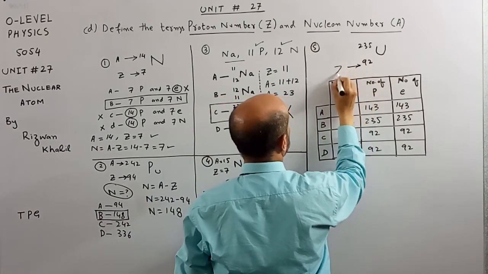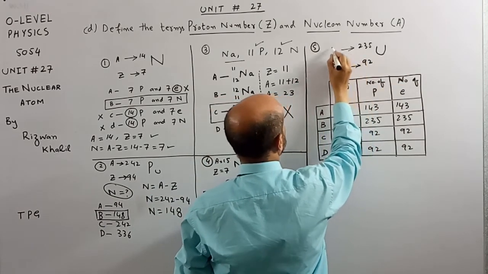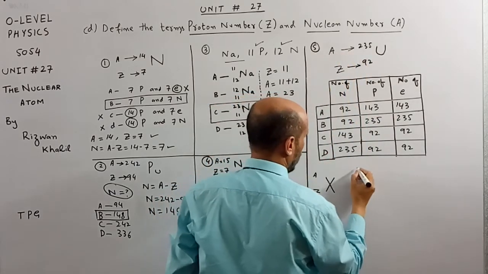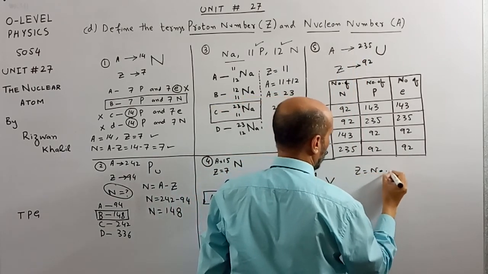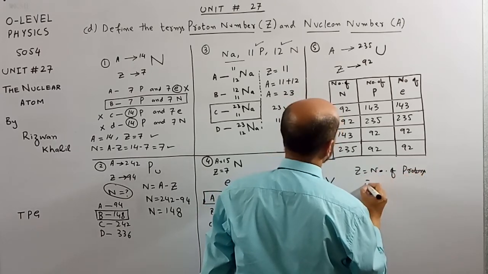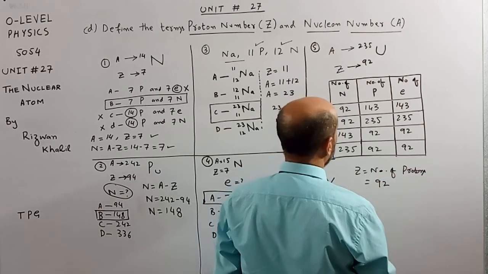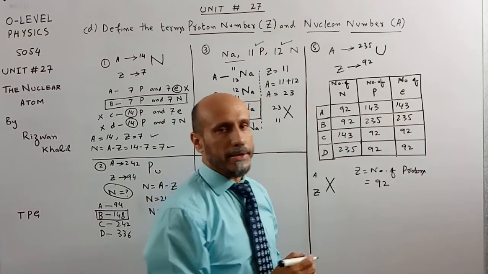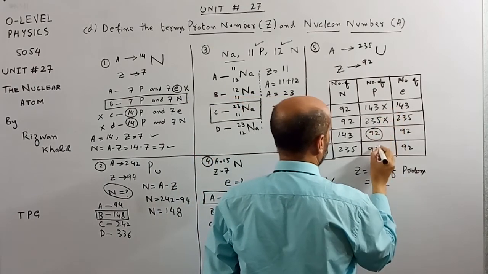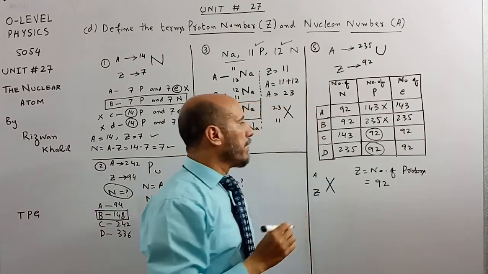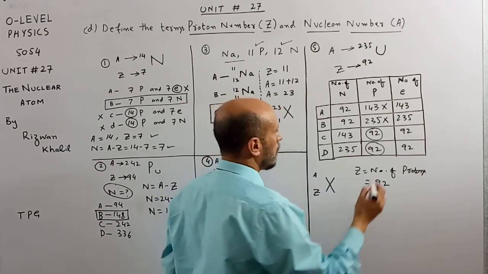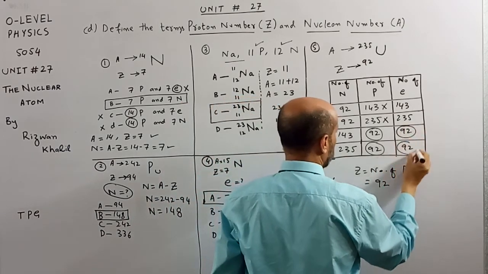This represents the value of Z, this represents the value of A. Z stands for the number of protons, that is equal to 92. Which two options are omitted? Option A and option B, because 92 is given over here, and obviously the number of protons is equal to the number of electrons. So again option C and D.